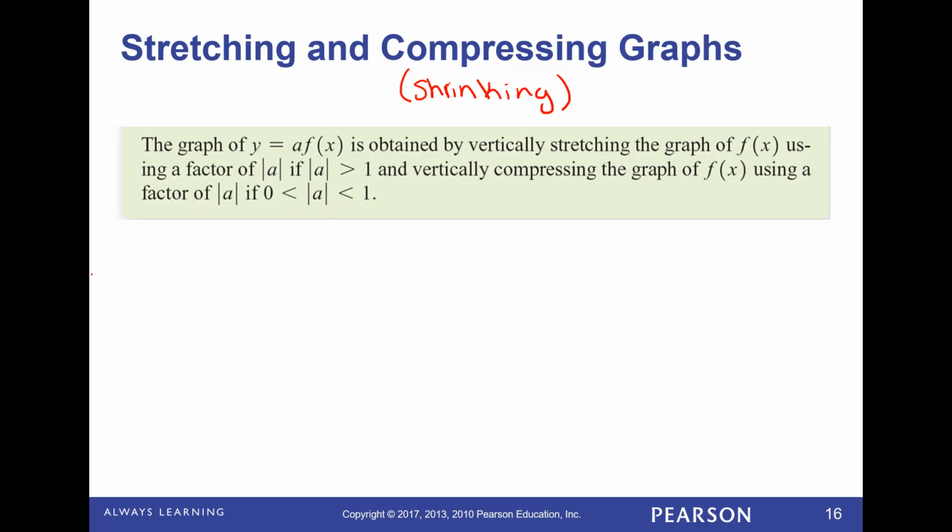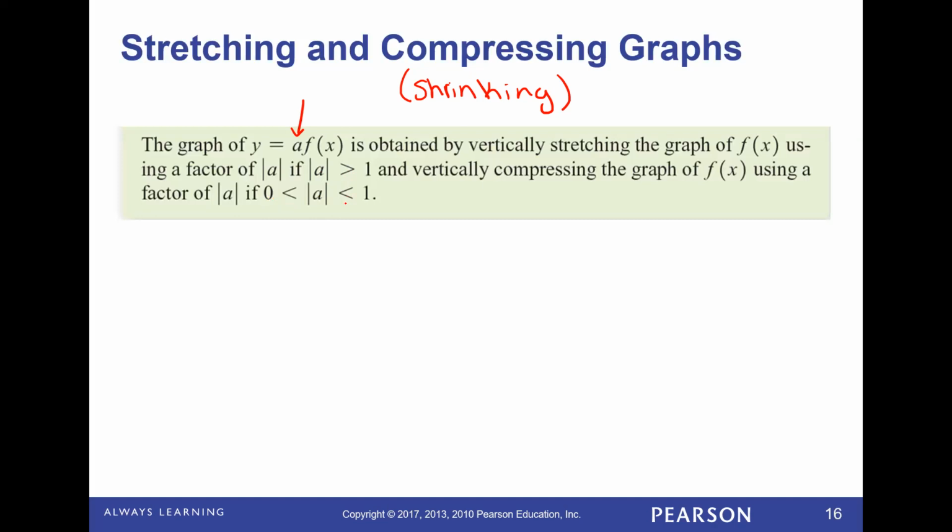Now, how I'm going to know whether it's a vertical is basically look for a number on the outside of that parent function, that base shape of the graph. If it's something bigger than 1, it will be a stretch. If it's anything between 0 and 1, it's going to be a compress or a shrink.